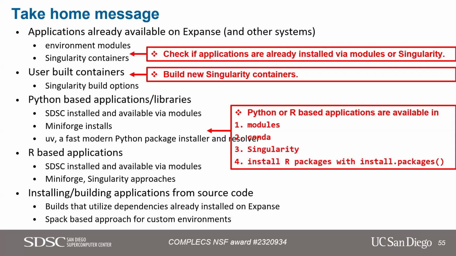And in the next two sessions, we learned about the Python and R based applications and libraries on Expanse, and they can be loaded by the modules, and they can be built by conda or mamba from Miniforge, and of course they can also come from the Singularity containers.